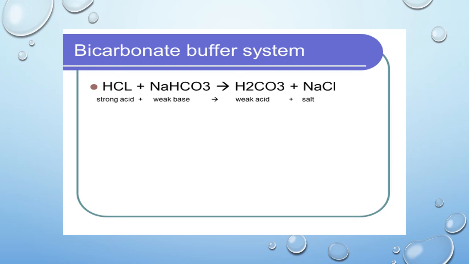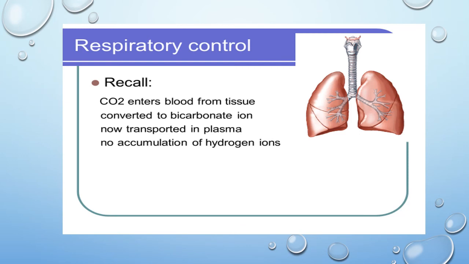That's bringing it into that normal range. 2 areas control this system. First, the respiratory system controls it. Respiratory works together with the renal system, which is the second system we'll talk about, to control the pH.